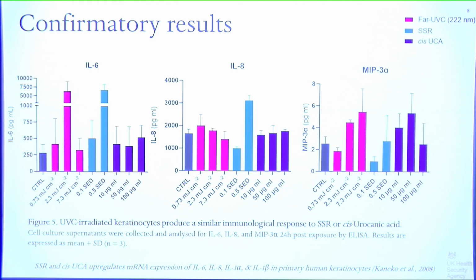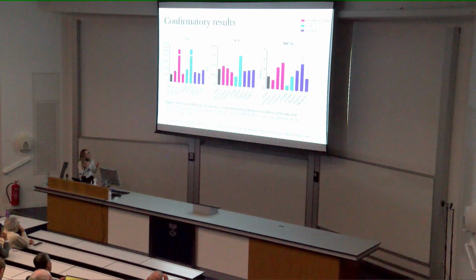So these cells, like every other cell, are multifunctional, so it's hard to say exactly what these trends mean. But the point that I really wanted to get across is that the UVC-exposed keratinocytes with the cytokines upregulated produce a very similar response to the solar-irradiated keratinocytes.